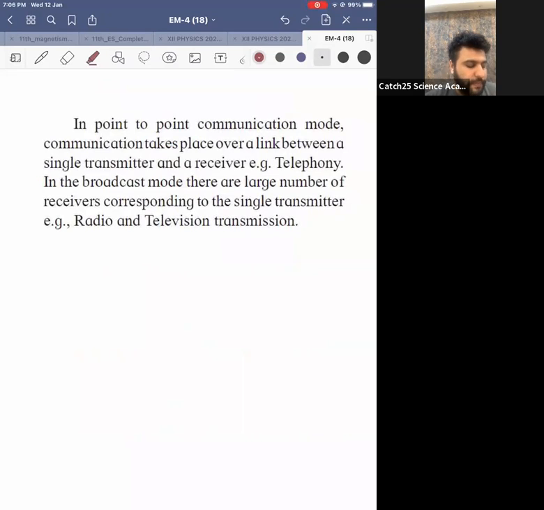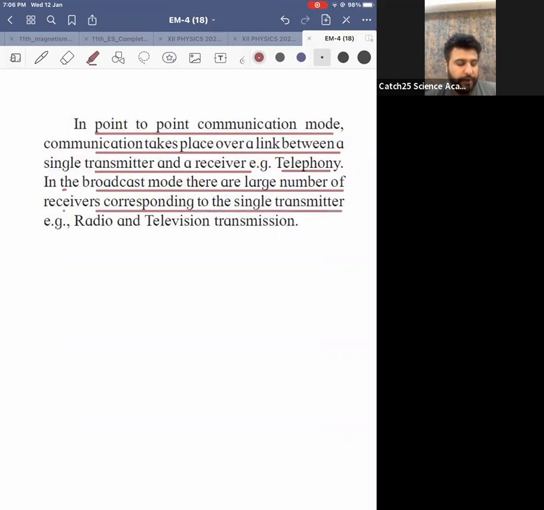See here, in point-to-point communication mode, the communication takes place over a link between a single transmitter and a receiver. Means single transmitter, single receiver. Example, telephony. Telephony means telephone itself. And in broadcast mode, there are a large number of receivers corresponding to a single transmitter. Example, radio and television transmission.